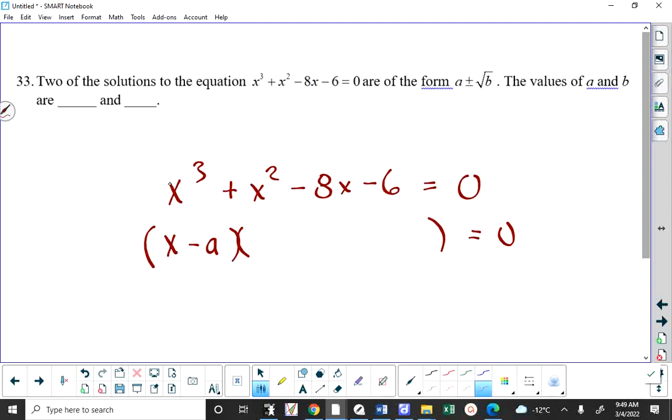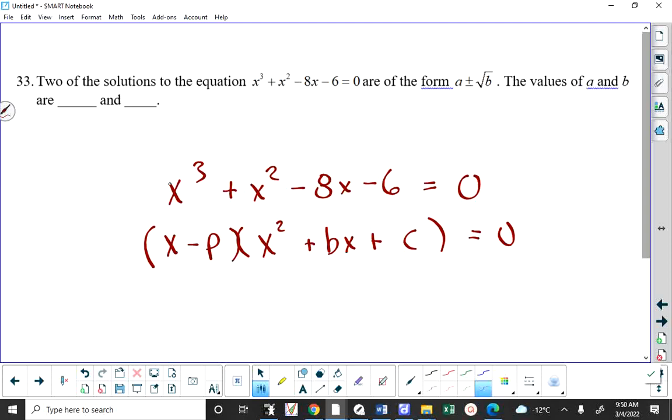And then it factors into x squared plus, I regret using the letter a over here, I'm just going to change that to p, some whole number. And the other factor must be a quadratic trinomial that's not factorable.